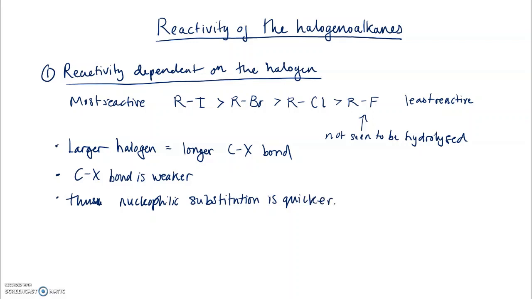So, easy enough to understand on this one. The bigger the halogen, the longer the bond between the carbon and the halogen, the weaker the bond, and therefore the quicker the nucleophilic substitution. You can say that the activation energy for the nucleophilic substitution is going to be smaller because less energy is required to break the bond needed for the reaction to occur.